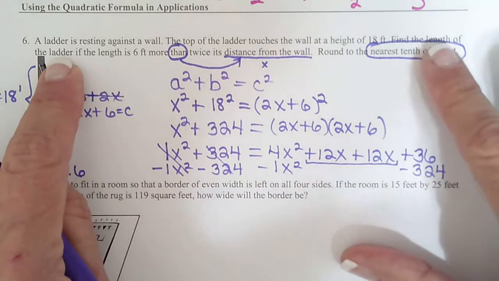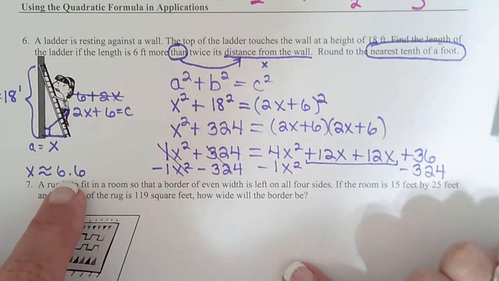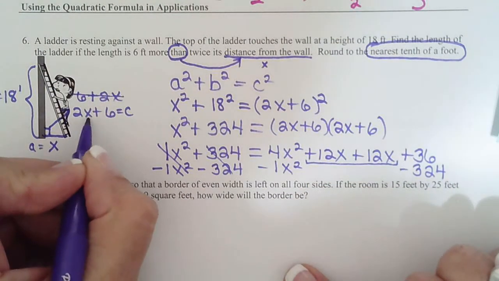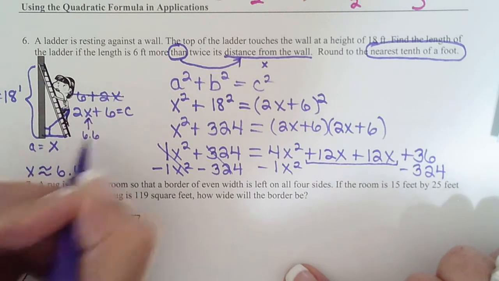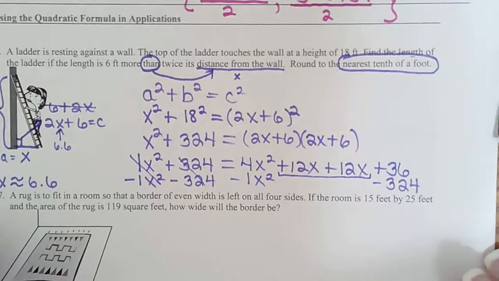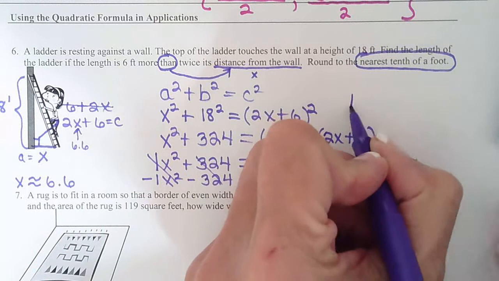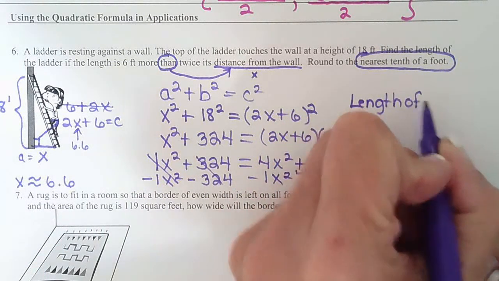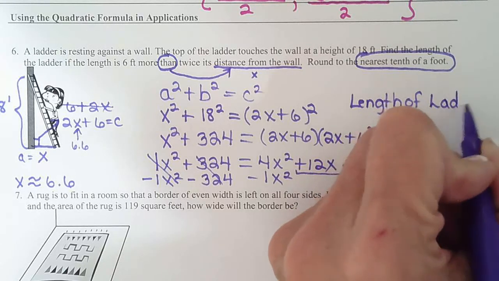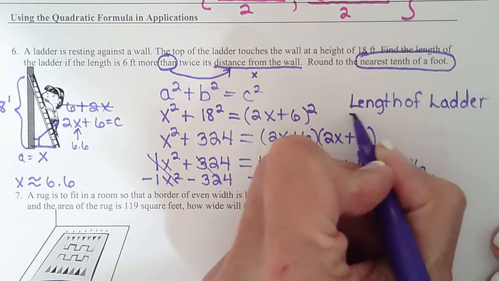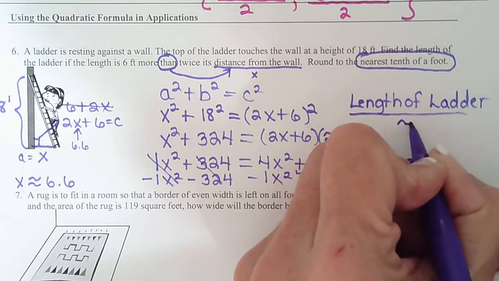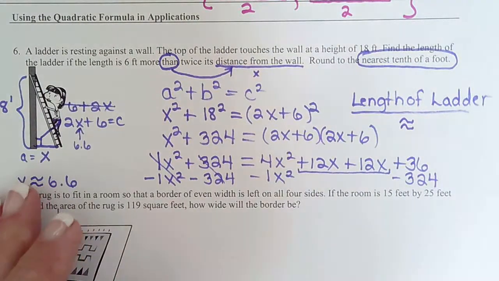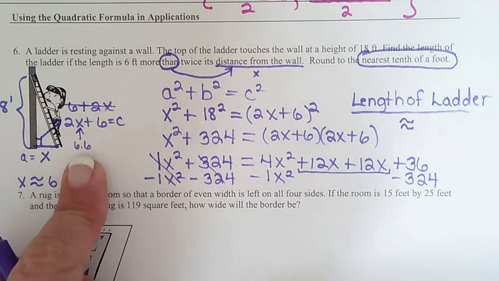Now we have to find the length of the ladder. So we need to put that 6.6 right in there. And then over here, we'll write length of ladder. So approximately, show the reader it's not an exact answer because we rounded.